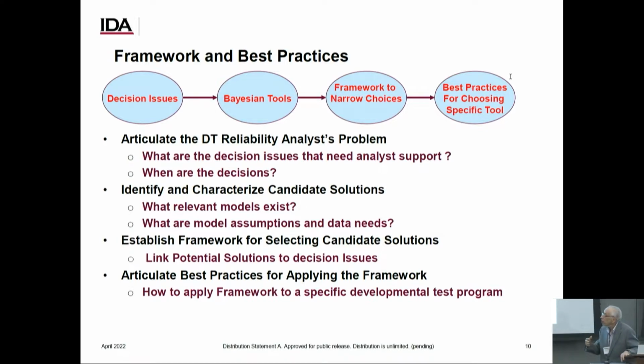All of those are important. So I'm going to talk about, first of all, what is the problem that I'm trying to solve? What are the possible solutions? What is the context, and I call it a framework for thinking about all this. And finally, what are the best practices for actually applying something that you've identified in the context?